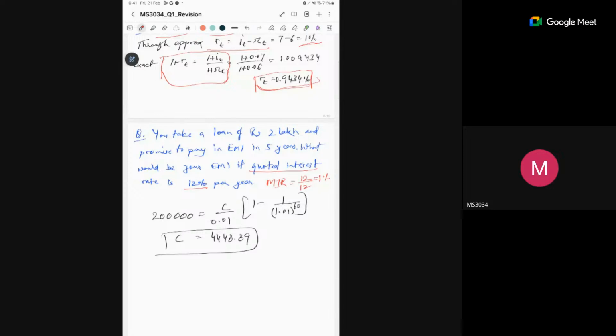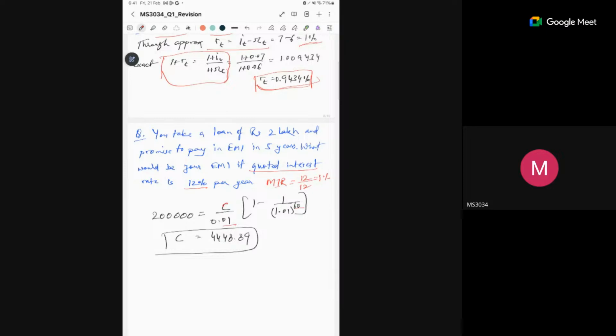So this EMI is a fixed stream of payments. The equal monthly payment you are going to make for 5 years means 60 months, and the rate of return is 1%, time period is 60, and you are making a constant payment, that is C, which I want to calculate, and its present value should be 2 lakh rupees, which I am taking today.